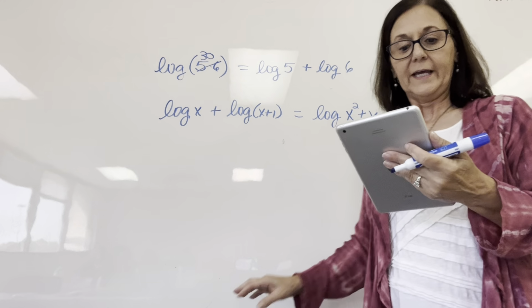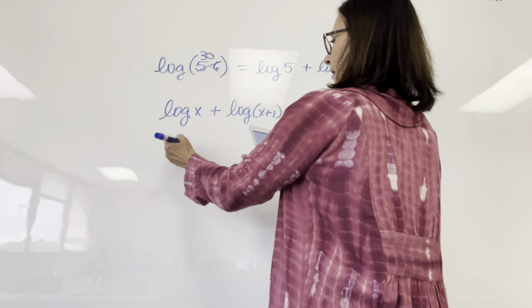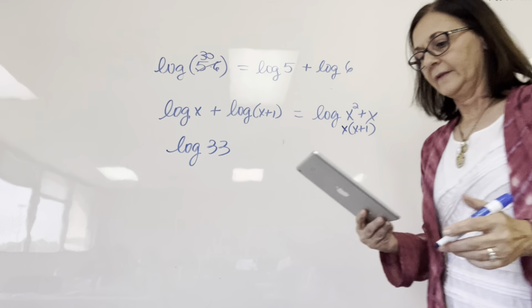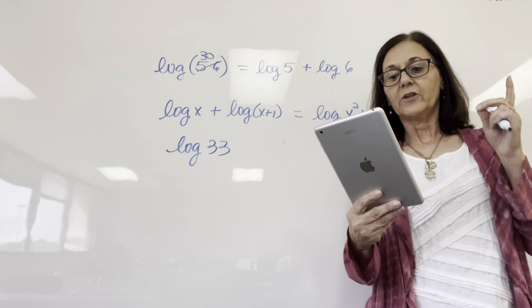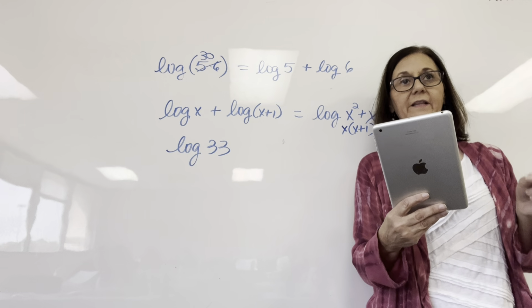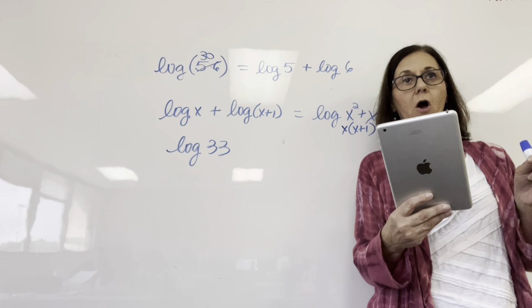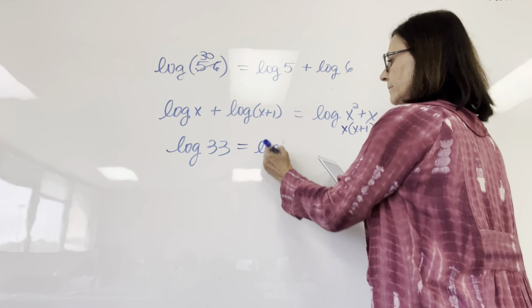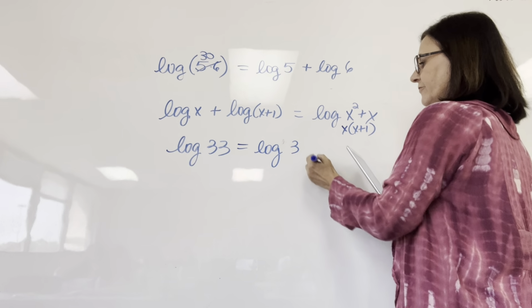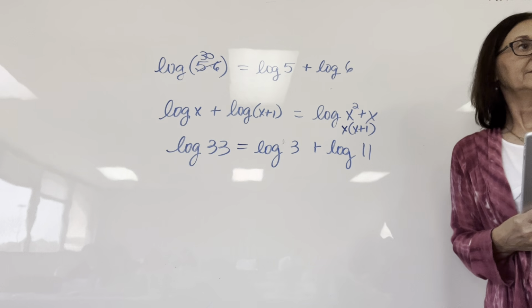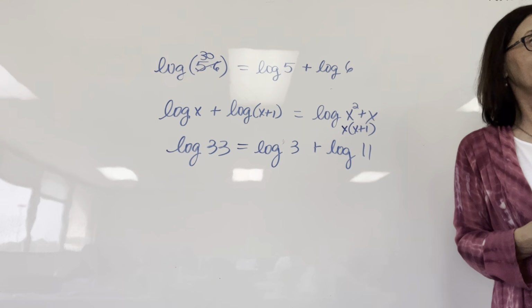All right, so look at example 2. It wants the log of 33 and is given that the log of 3 is 0.4771 and the log of 11 is 1.0414. So is the log of 33 the log of 3 plus the log of 11? Yes, it is.